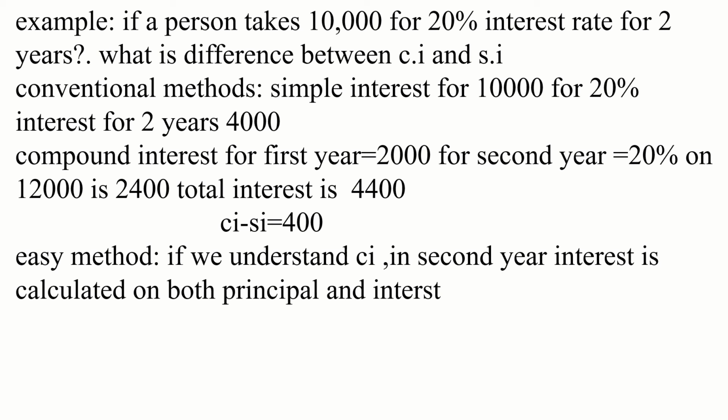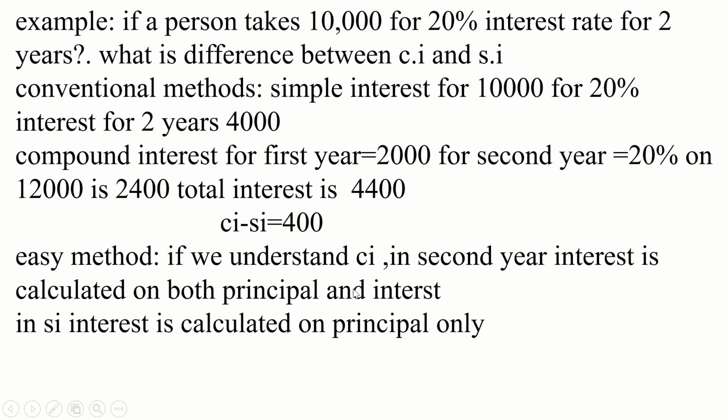So we will see an easy method also. What we had discussed, this is easy. We understand CI: in the second year, interest is calculated on both principal and interest. SI is calculated on principal only. If we remember these 2 points, we can solve this difference very easily.